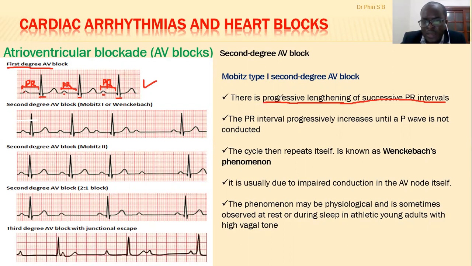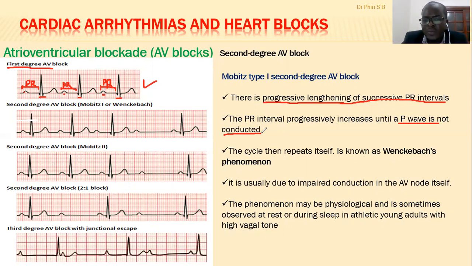On top of that, the PR interval progressively increases until a P wave is not conducted. So you find that the PR interval will progressively become elongated until one P wave is not conducted. So you find that there's a drop in the QRS. You will see a P wave that is not associated with a QRS complex because it's not being conducted to the bundle of His, because there's that block.